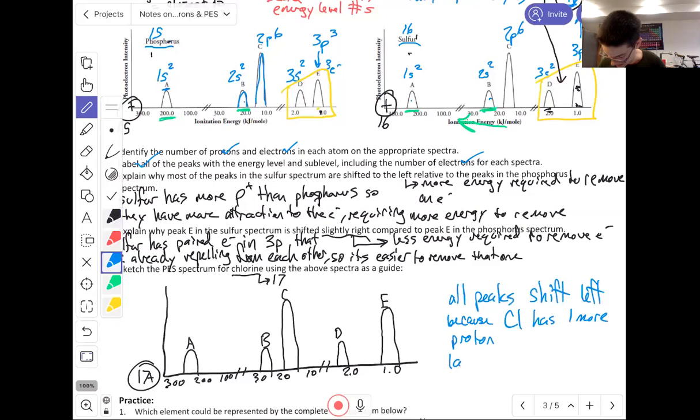And then the last peak is slightly taller because it has 1 more electron.